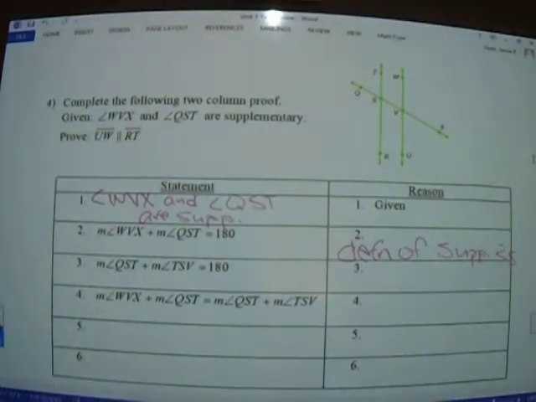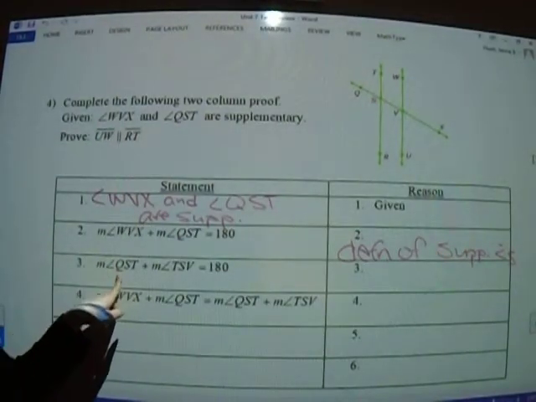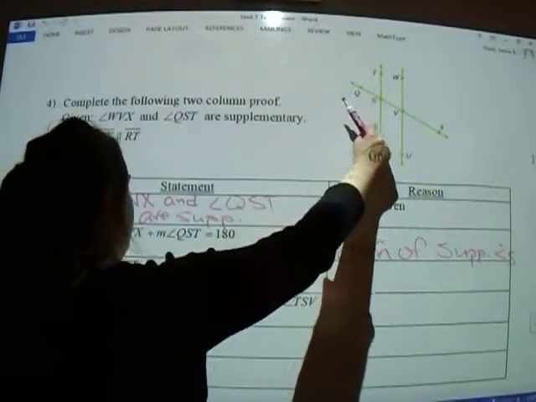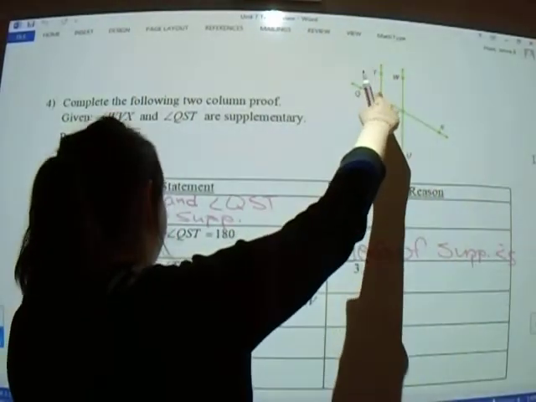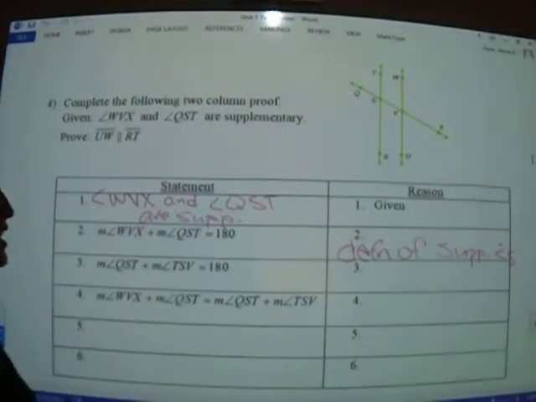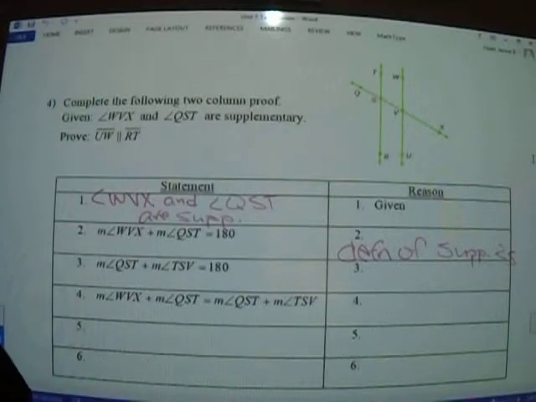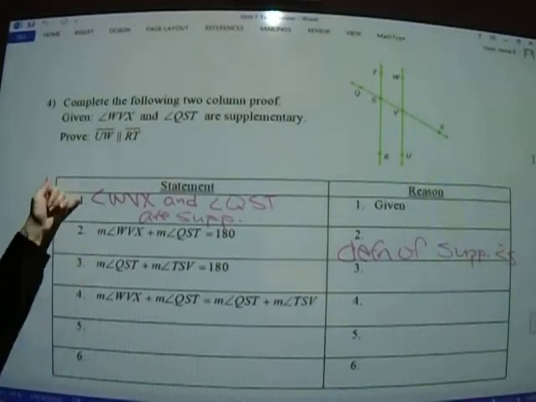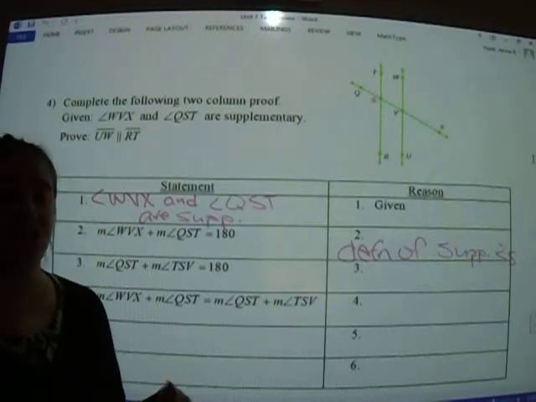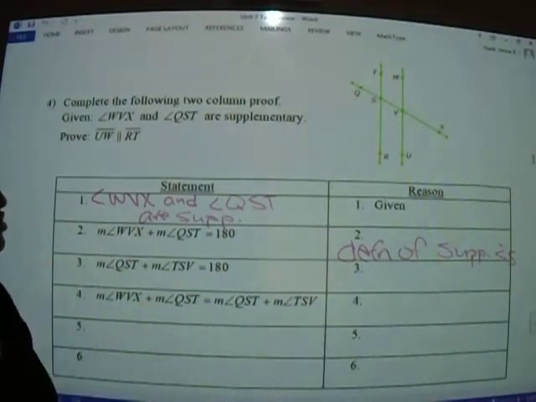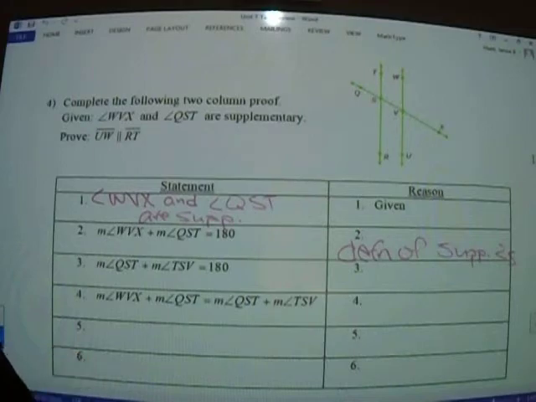Next, we see measure of angle QST and the measure of angle TSV equals 180 degrees added together. That's not the definition of supplementary angles, okay? Because we don't have it written up here, so there's no format to change. All right, we know this is true because they're a linear pair.